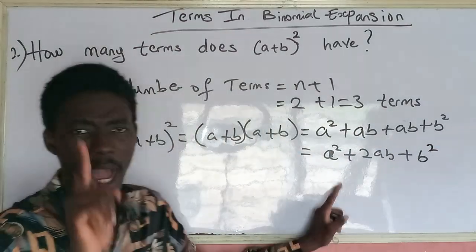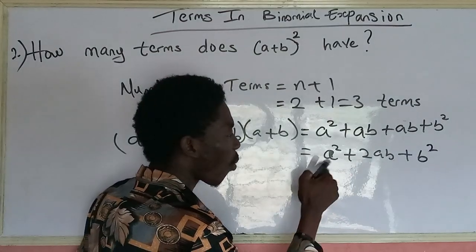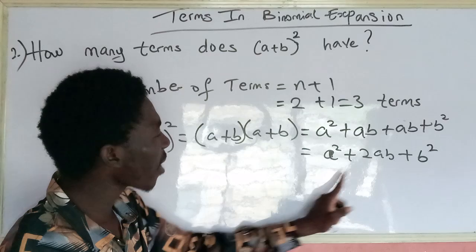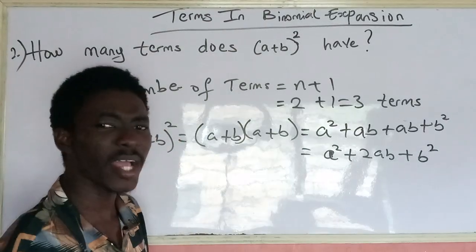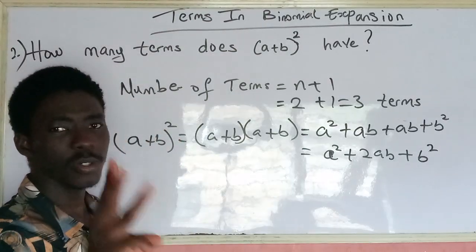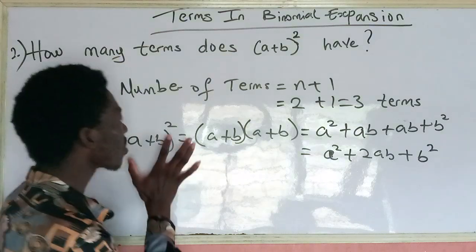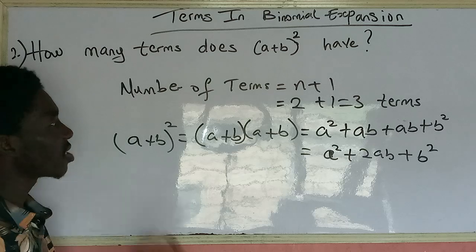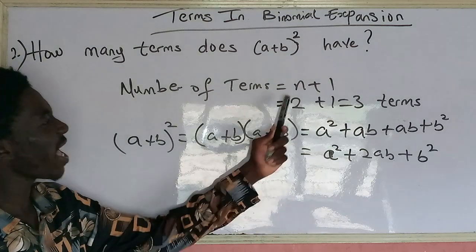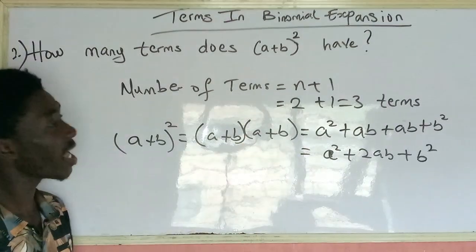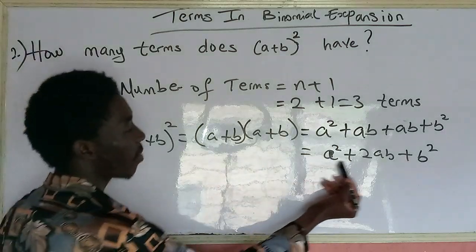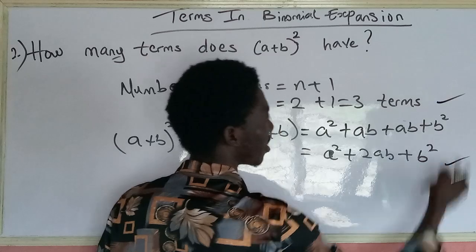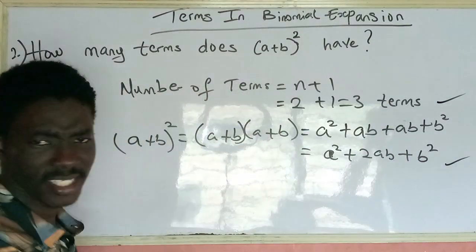You can see how many terms: 1 term, 2 terms, and 3 terms. You have 3 individual different terms that make up the power of 2. So you can see that the number of terms is n + 1. They are both the same. Let's check out another one.